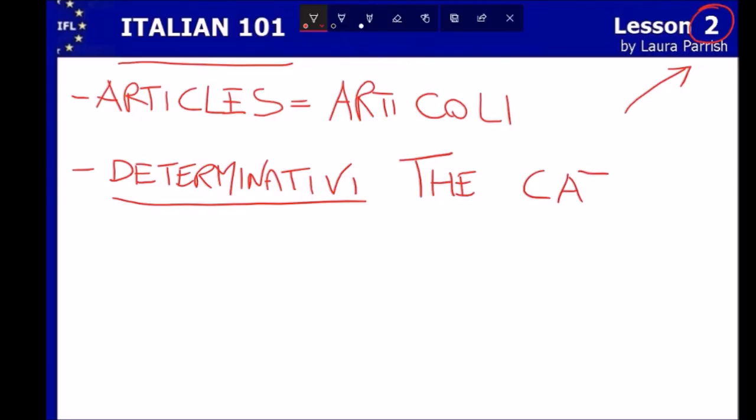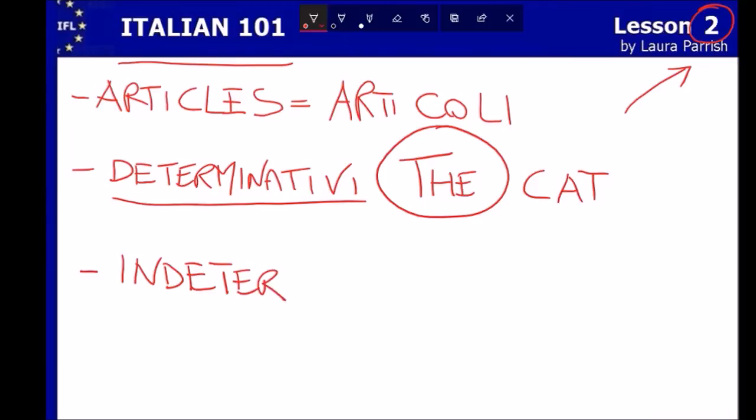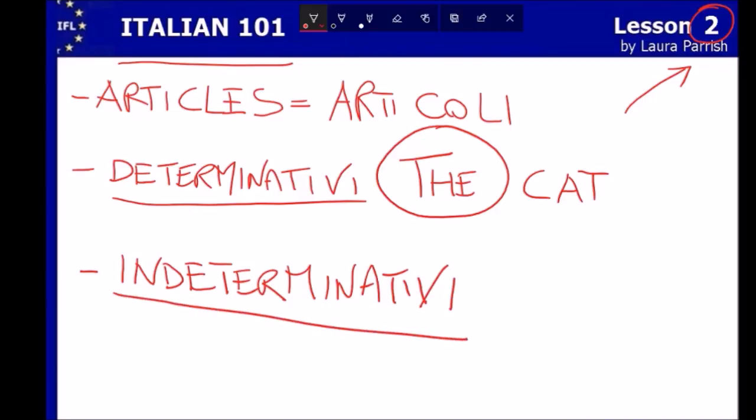This is the determinative article. And then we have the indeterminative articles. Indeterminativi. So we have the articoli determinativi, that is the, and articoli indeterminativi, that in English is a cat.